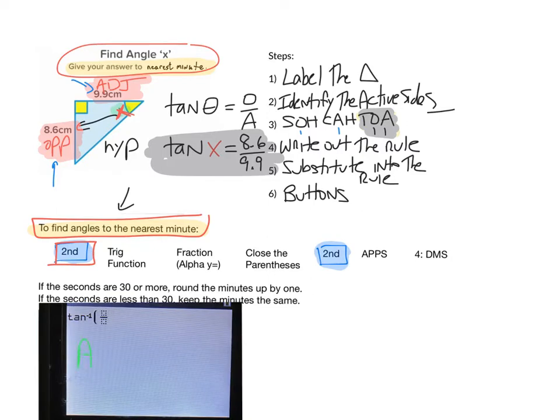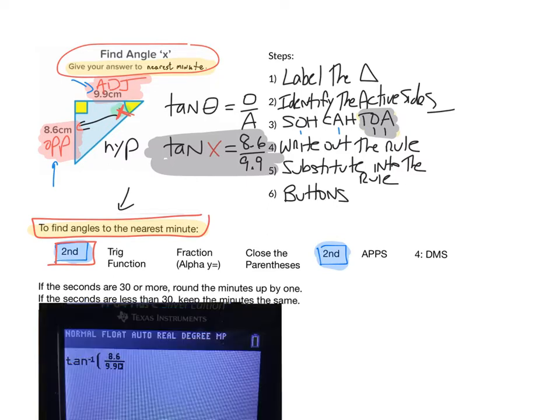Then we want to press alpha, the green button, and then y equals, so that we have our fraction template. We want to type in our fraction, which is 8.6 over 9.9.